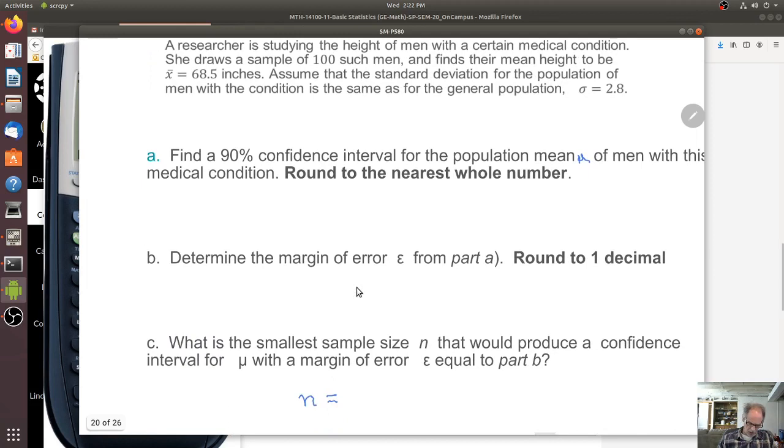If I want to calculate n for a certain epsilon, I think it would be z, the critical z value, times the standard deviation of the population divided by the margin of error, squared.